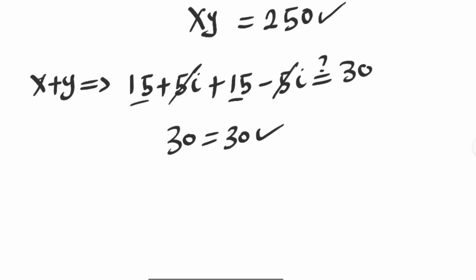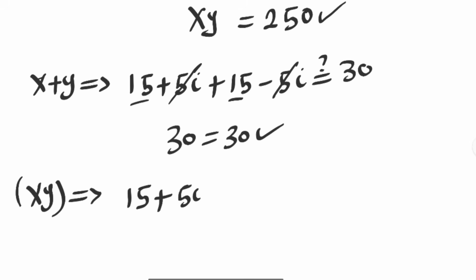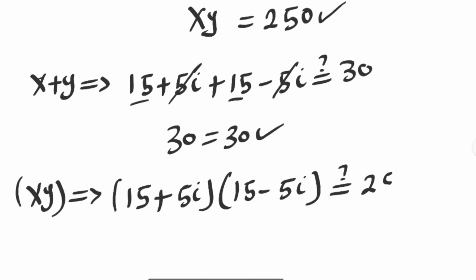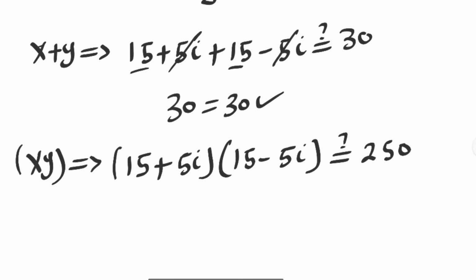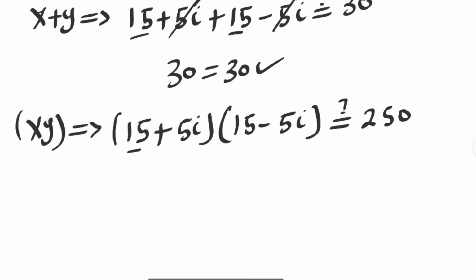Let us consider this. xy is 15 plus 5i multiplied by 15 minus 5i, must be equal to 250. Then here we have 15 multiplied by 15. This is 225, minus 15 times 5i.